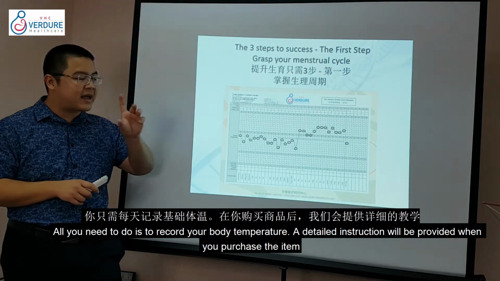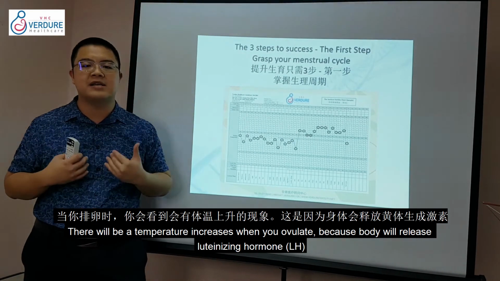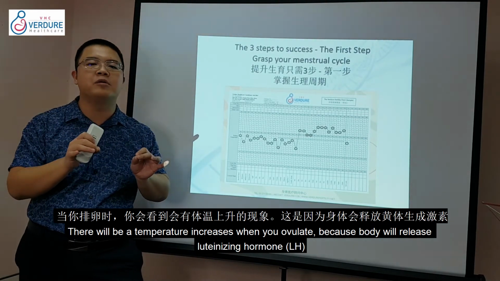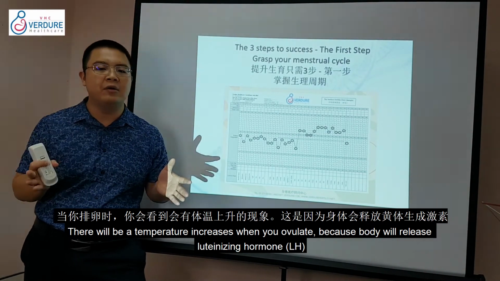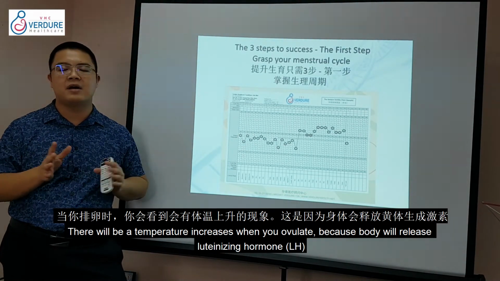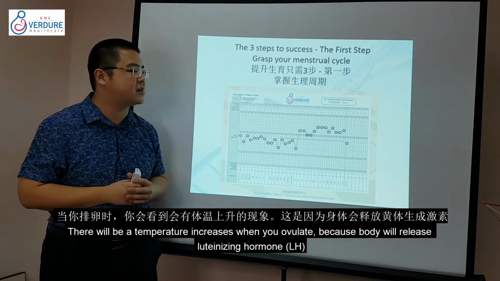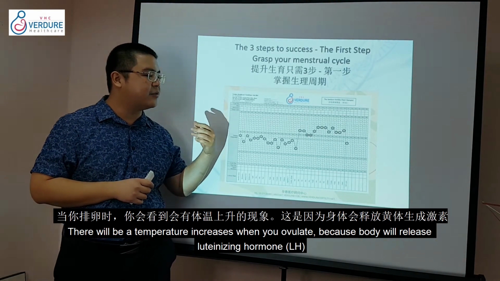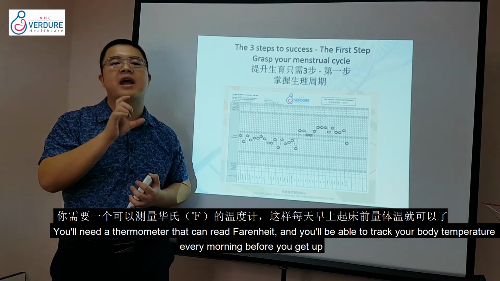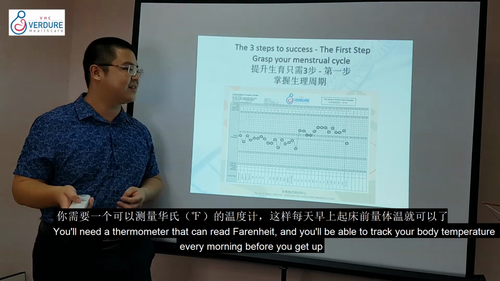If you're ovulating, there will be a bump in body temperature, because the body is producing a hormone called luteinizing hormone, or LH in short, which would bump up your body temperature by 1 or 2 degrees Fahrenheit. So you would need to purchase just a Fahrenheit thermometer, and you will be able to measure the body temperature every morning before you get up.